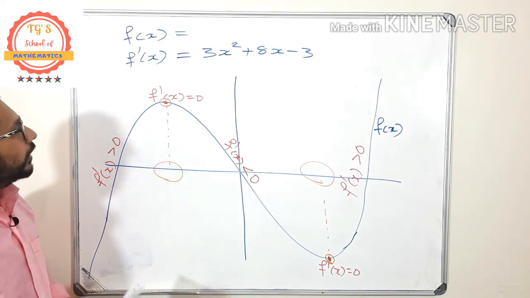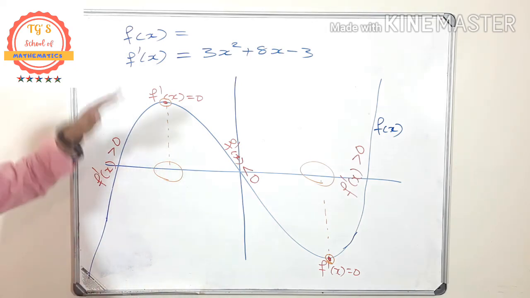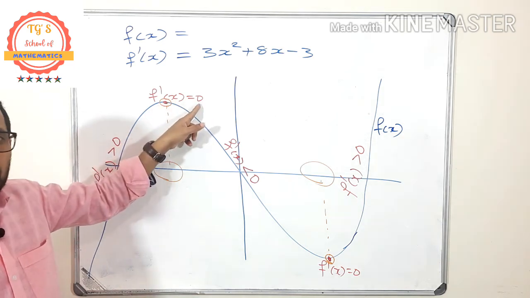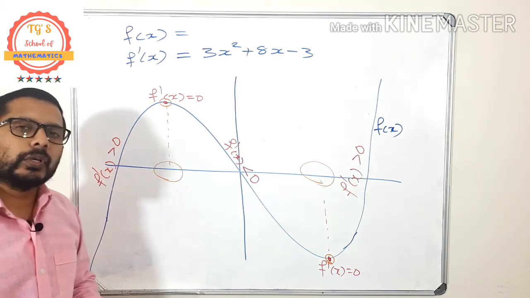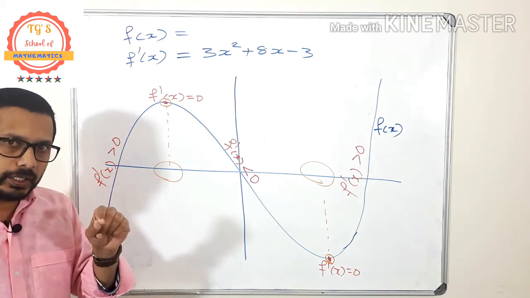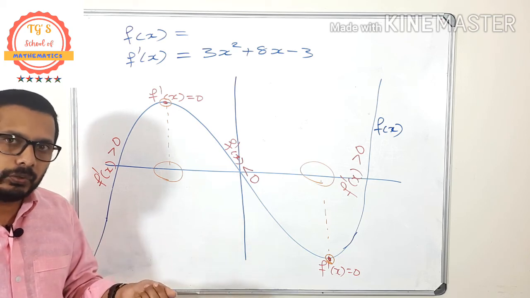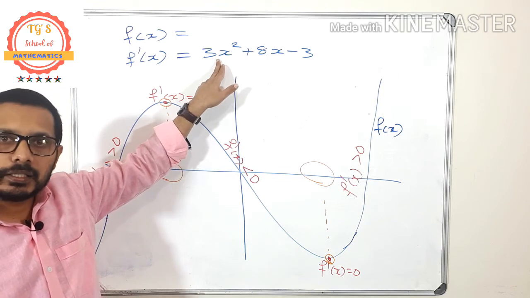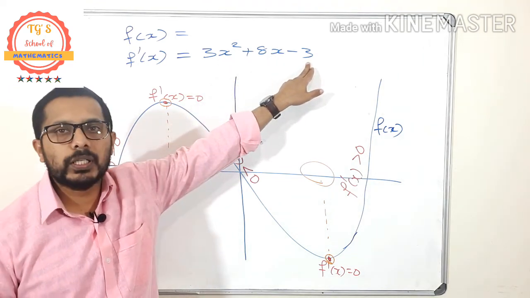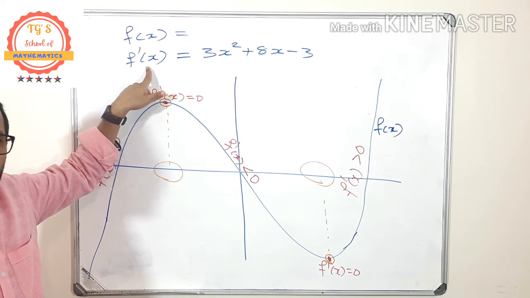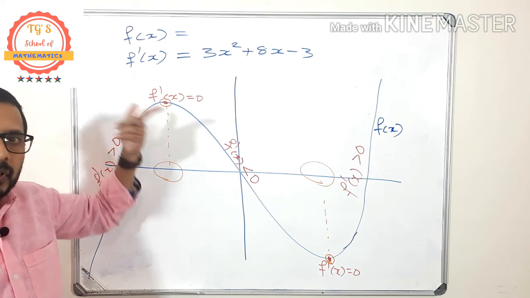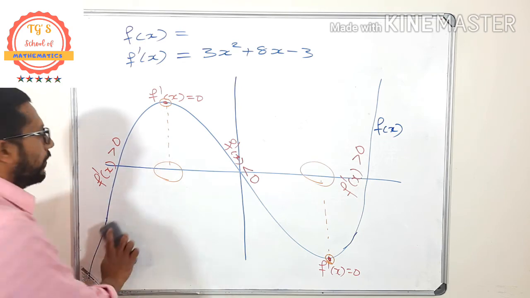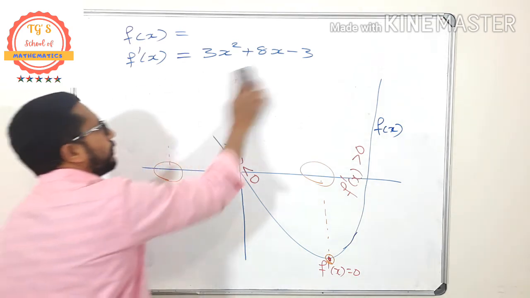For that, you know the theory now. At the stationary points, the first derivative is equal to 0. So I am going to write the theory now. Do you know the first derivative in the question? Yes, it is given that 3x squared plus 8x minus 3 is the first derivative.